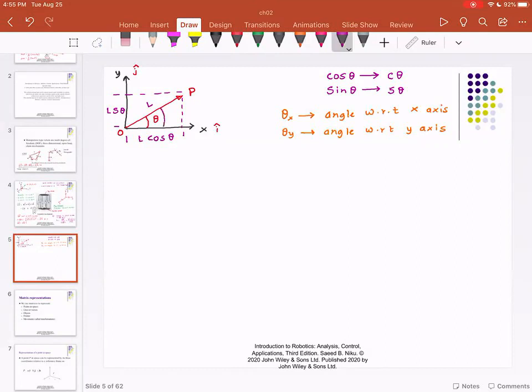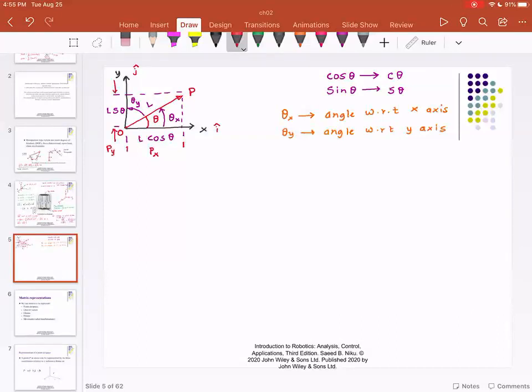This is my theta x, and this is my theta y. Pay attention here, because even though it may look simple, there is a little complexity involved.